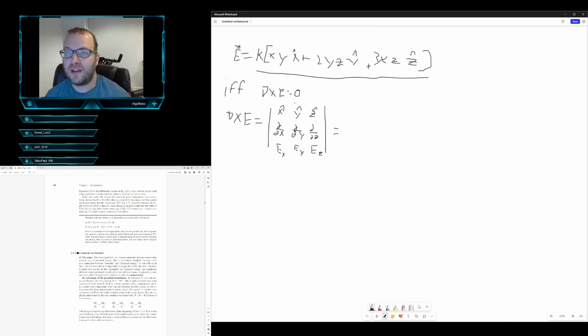So let's start with the first component: partial with respect to y of Ez. And we can see there is no y, so this term becomes 0. So we have 0 minus the partial of Ey with respect to z.